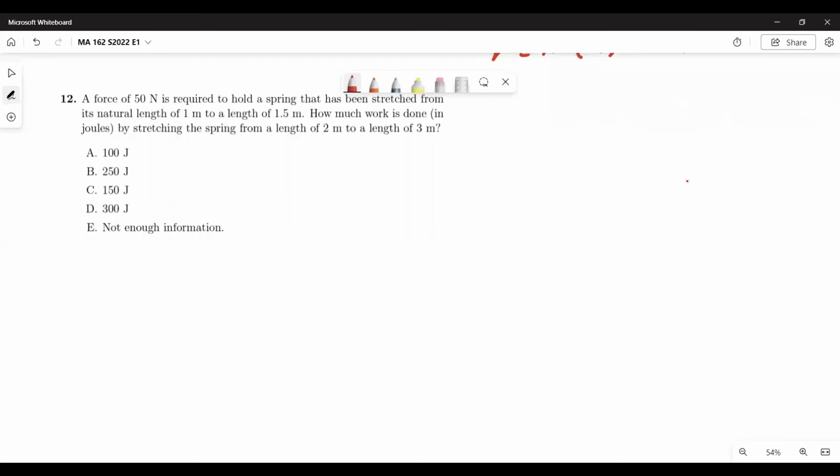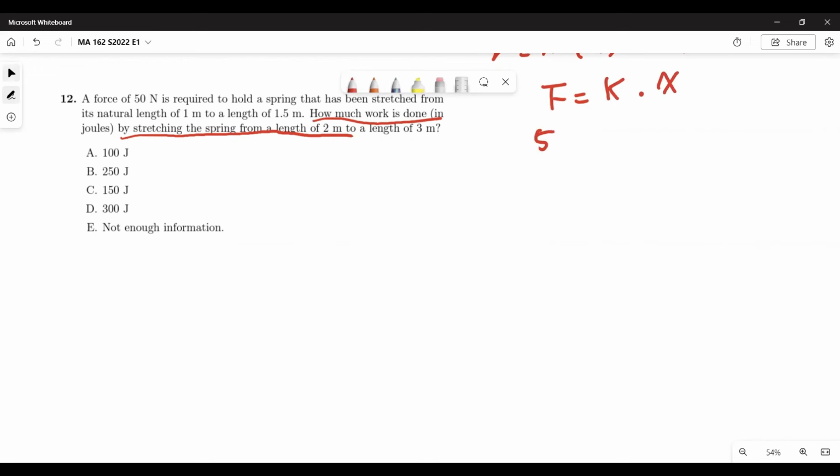Okay, so this question asks to find the work done when stretching a spring from a length of 2 to a length of 3. So we know that the force equation is the constant k times the change of length.